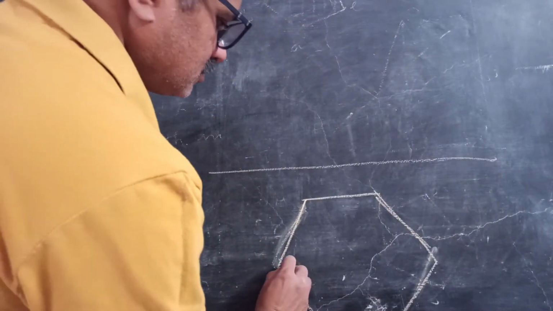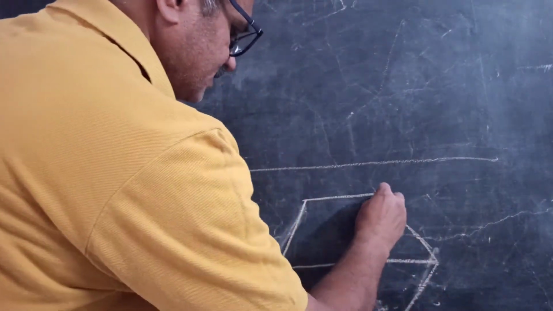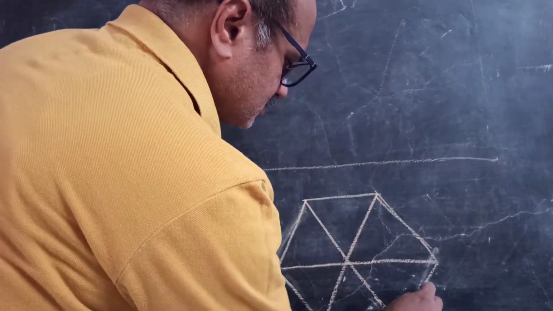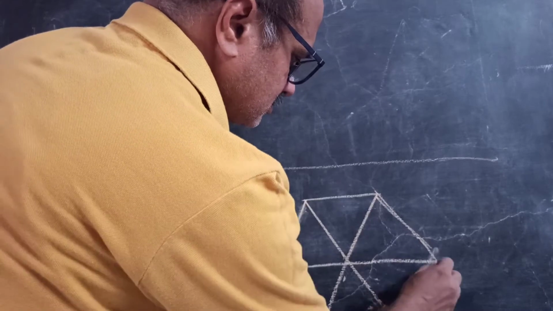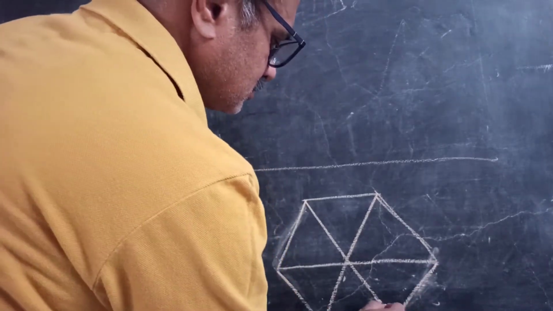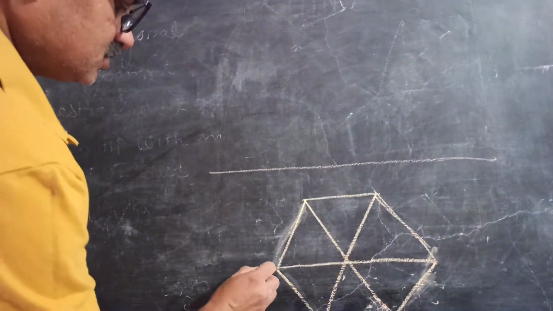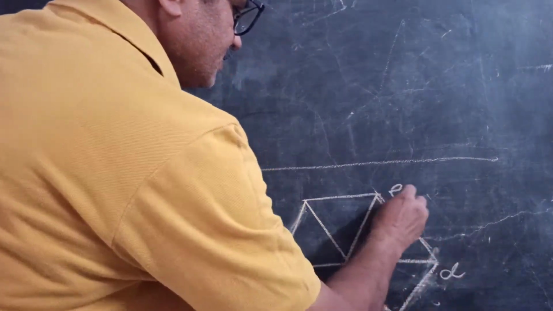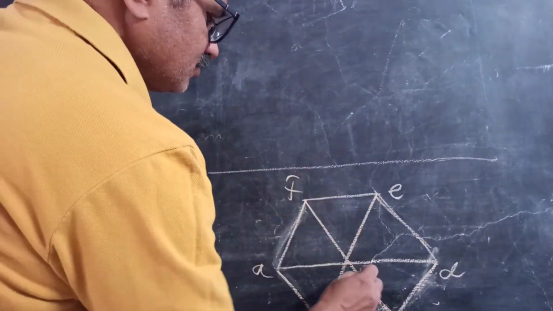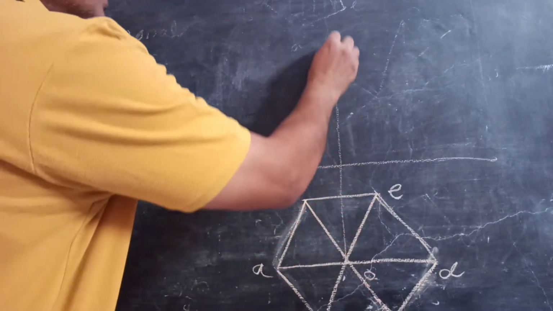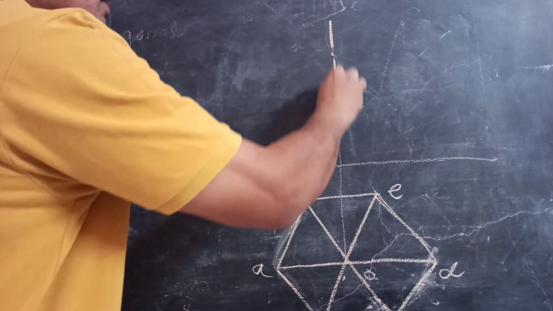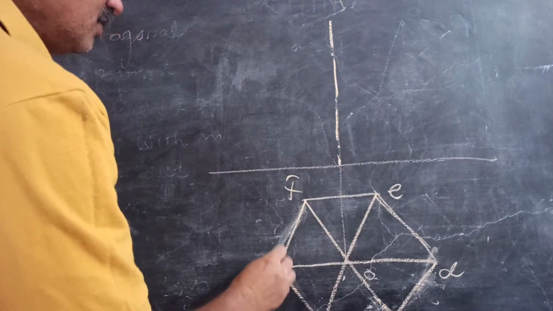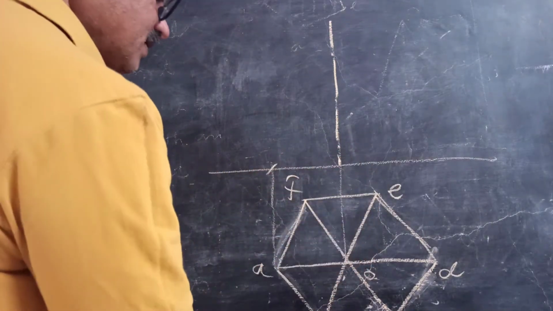These are the slant edges. So this is A, B, C, D, E, F, and this will be O, that is the axis. The length of the axis will be given in the problem. The edge of the base will again be given in the problem. So this is the projection part.